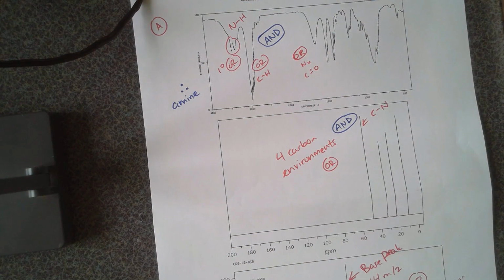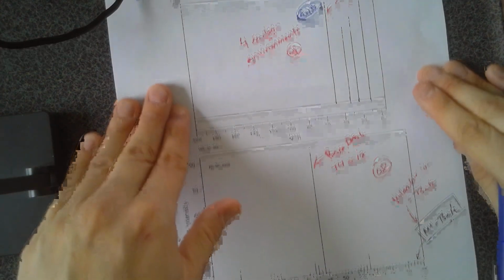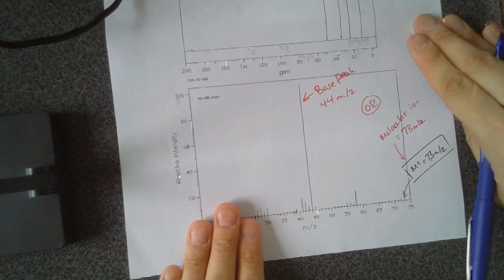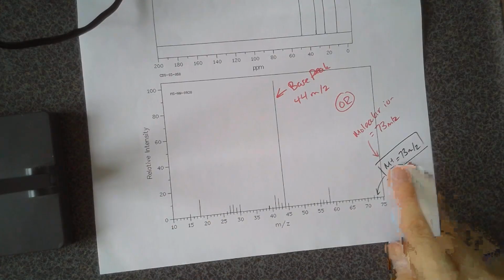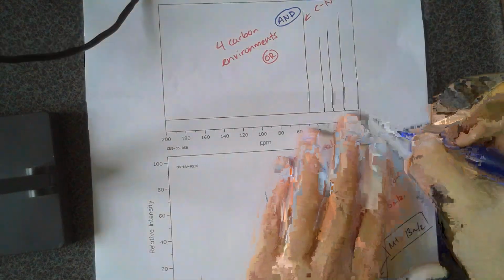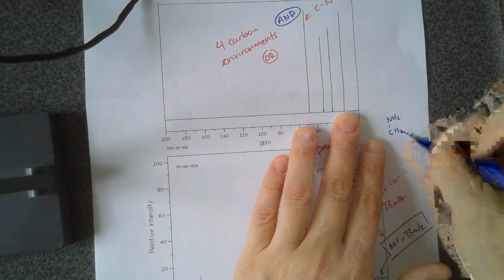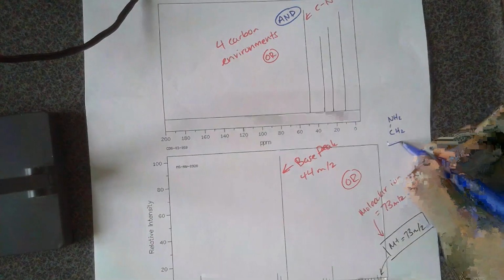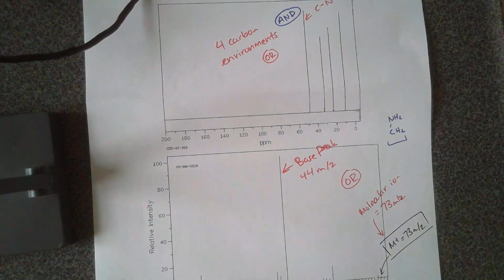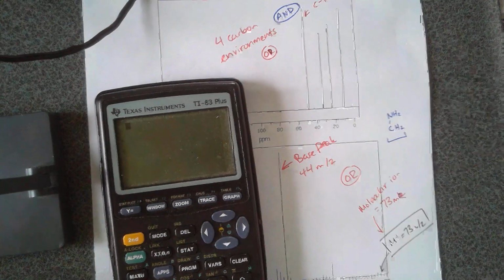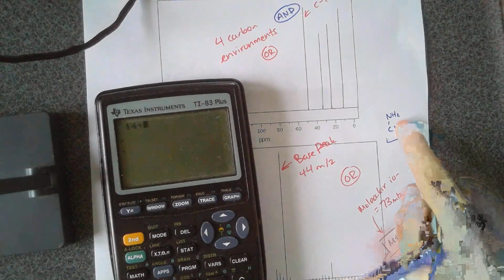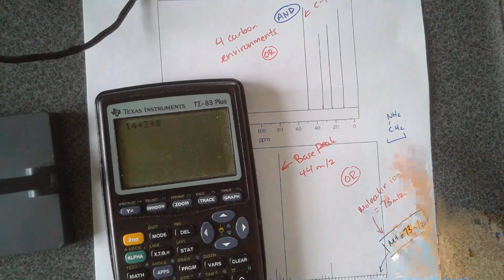Cool? All right. Now, what I need to do is figure out what molecule I have from all that information. With my molecular ion, I suggest you draw just an N carbon with the amine, and figure out the number. Nitrogen on the periodic table is 14. I have 2 hydrogens, so that's plus 2.